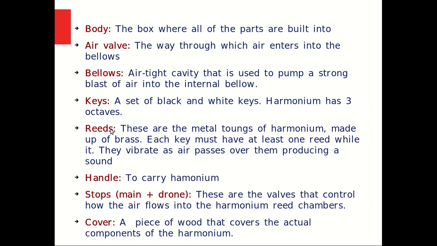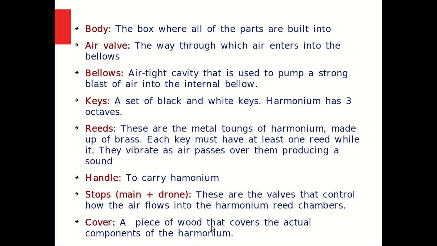There are also reeds that are mainly made of brass. These are said to be the metal tongues of the harmonium. The reeds are the part that vibrates as air passes over them, and with this vibration, the air inside the box resonates with the same frequency as that of the reed, and thus we can hear a sound from the harmonium.